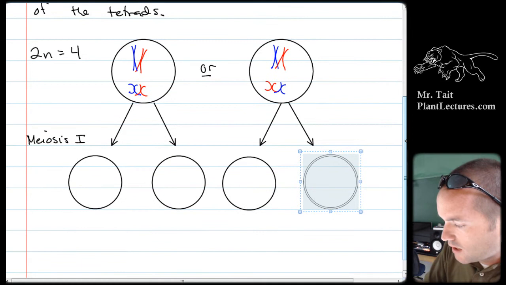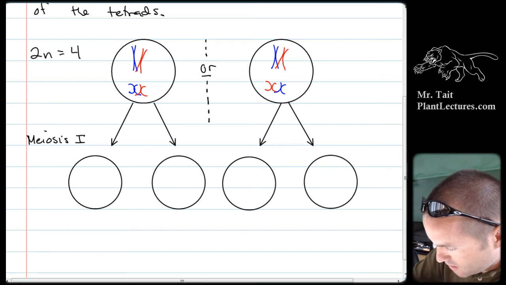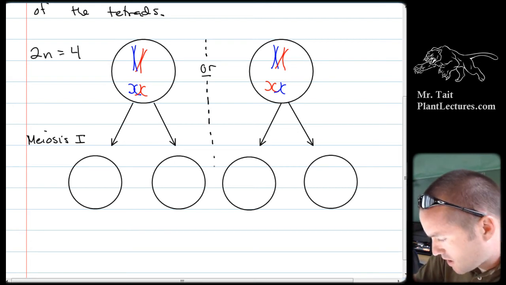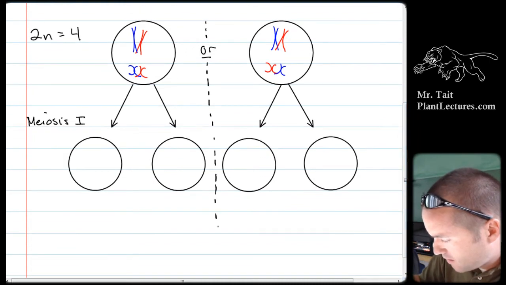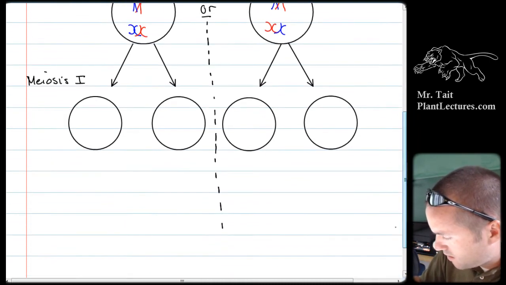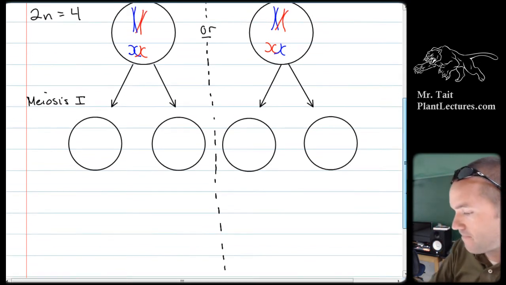Okay, and I want to denote that these are sort of separate instances here, so I'm going to draw a little dotted line down the middle here to represent that these are cells that are all on a little unique path. They're not connected. Okay?